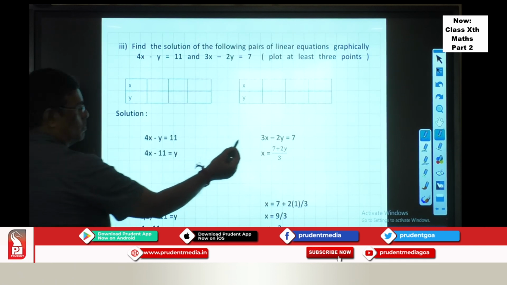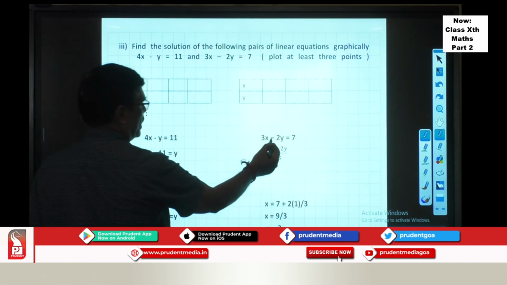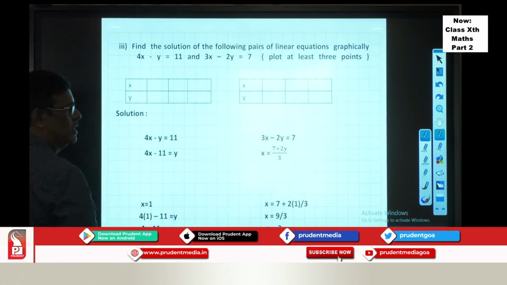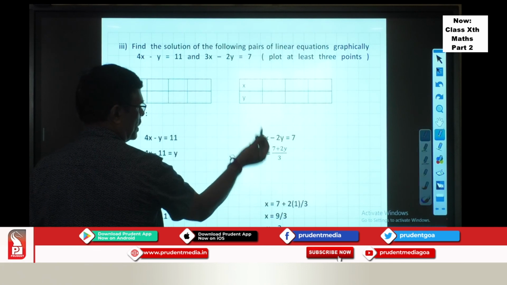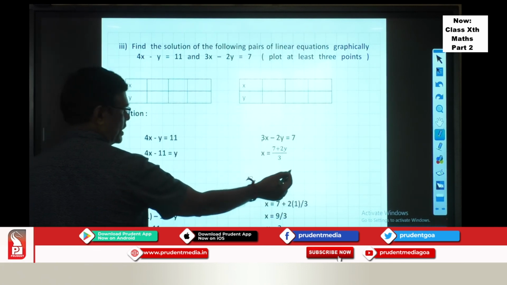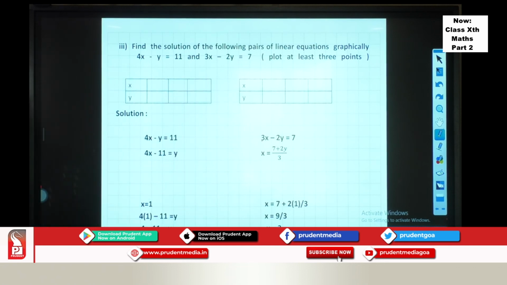Now here both x and y have a coefficient, but y is negative. So I have shifted this minus 2y to the right hand side. So what I am getting, 7 plus 2y, and this coefficient I have taken to the right hand side. So what I got, 7 plus 2y upon 3.